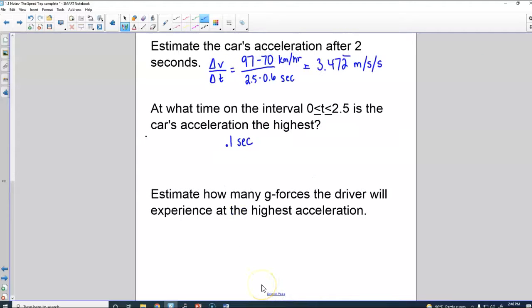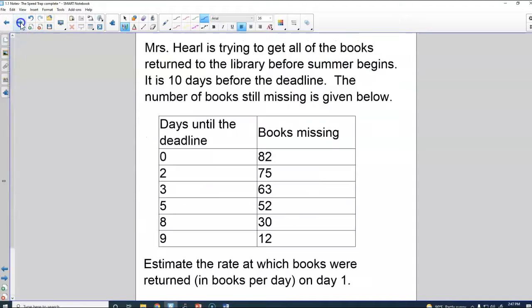I'm not going to go through estimating the acceleration, just because we need to move on; we've got another thing to do, which is quick. At this point, your acceleration is going to be more like 5.6 or something. You'll feel a lot more force pulling it back here, I think.